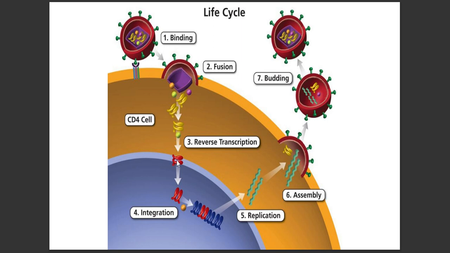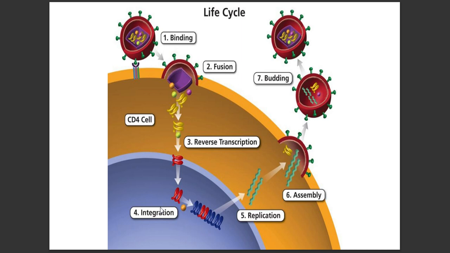And then the next thing that happens is that when you now have the DNA, we call it the viral DNA. That viral DNA is now able to integrate or join with the DNA of the host, and that is called integration. The enzyme which does that is the integrase. So viral integrase is going to make sure that the DNA of the virus and the DNA of the host integrate to become one.